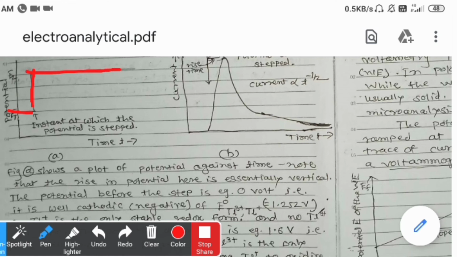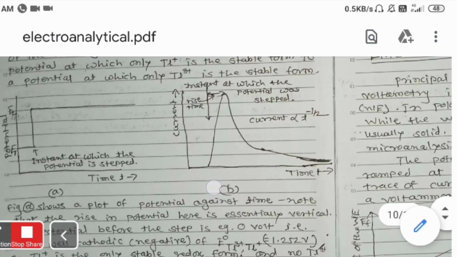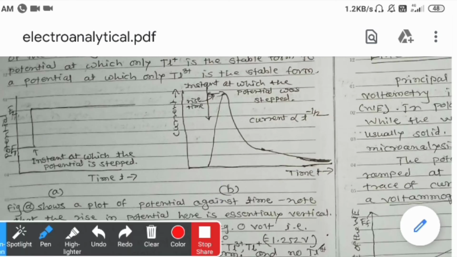Once we have applied the potential suddenly, at the instant at which this potential is increased, we get a sharp increase in the current.